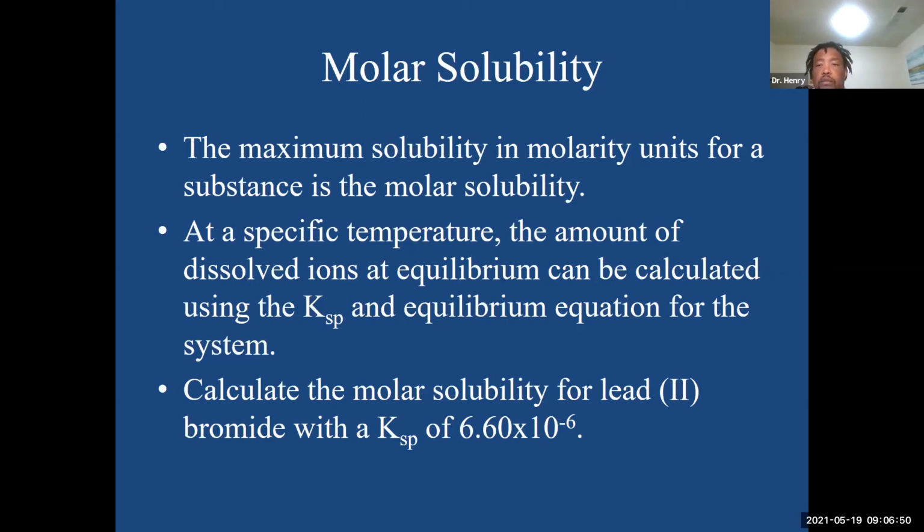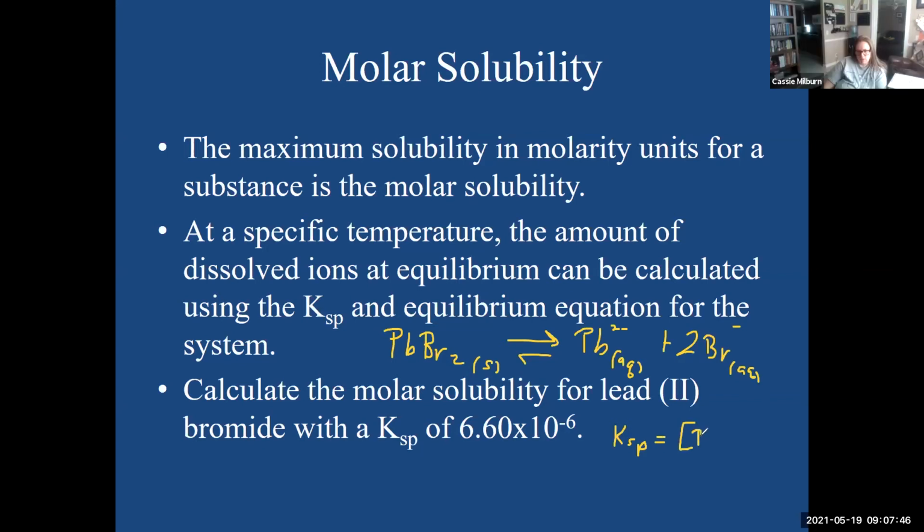In that case, we just write the chemical equation for lead bromide: PbBr2 solid equals Pb2+ plus 2Br minus. Then we get Ksp equals the concentration of Pb times the concentration of Br squared.